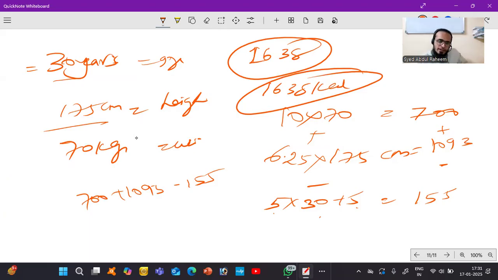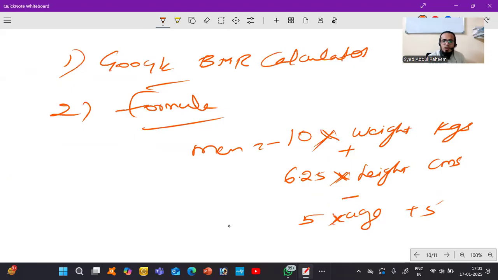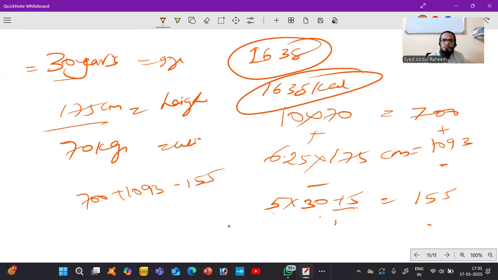So it's very easy. For female, everything is the same, but in that place you have to subtract 16. Here 5 into 30 is 150, and 150 minus 16 gives 134.